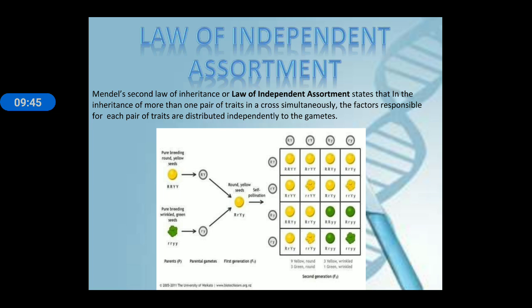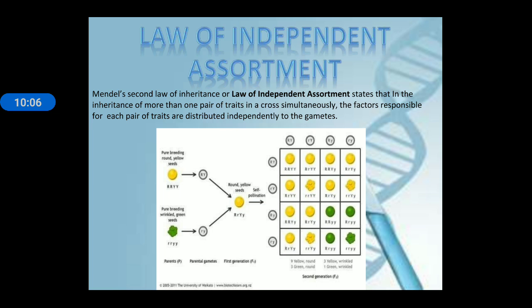Capital R capital Y will form the gamete capital R capital Y, and small r small y will form the gamete small r small y, and these gametes combine to form the first generation, capital R small r, capital Y small y, and the expression will be round yellow seed.